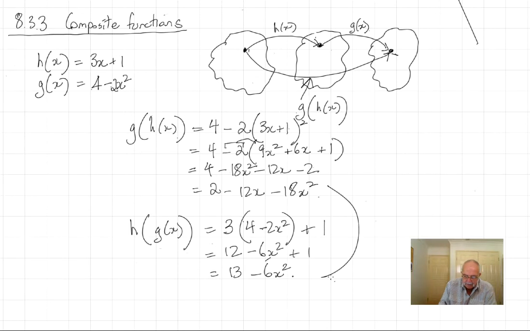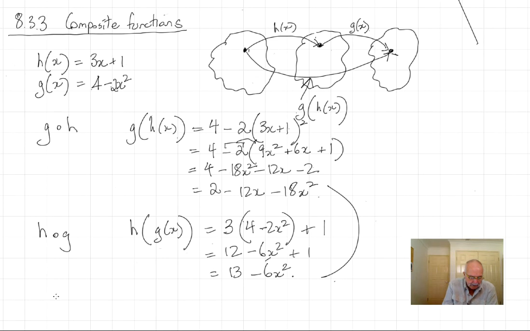You can see that they are not the same. So in general, g of h of x is not equal to h of g of x. Another way to write g of h of x is g, a small circle, h. That's another syntax, if you like, for composite functions. This would be h composite g.